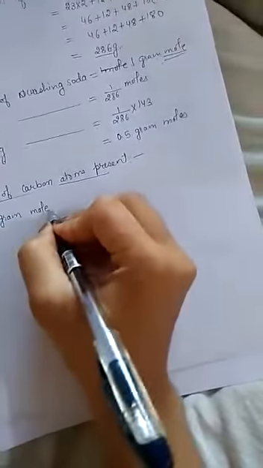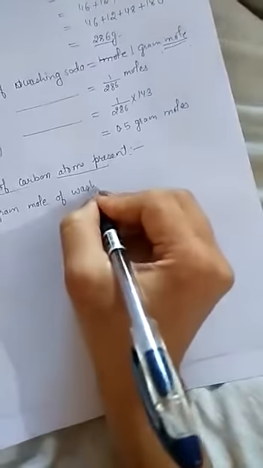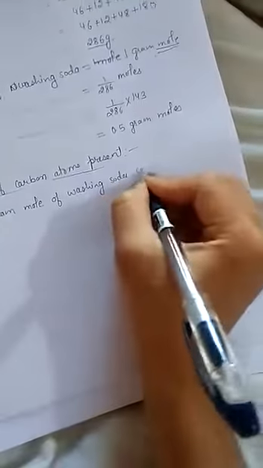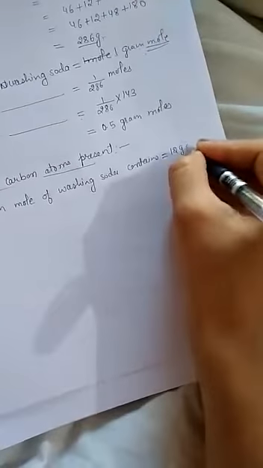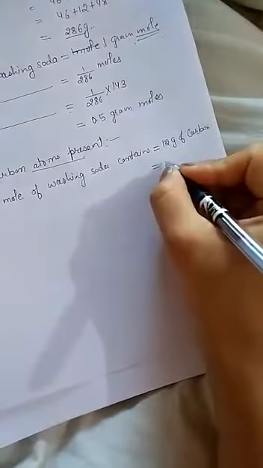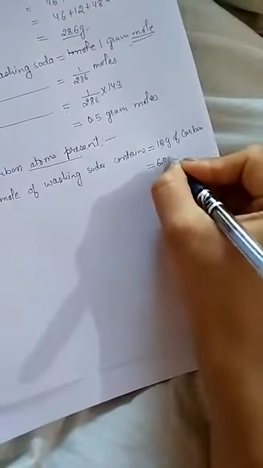So we can write 1 gram mole of washing soda contains 12 gram of carbon, and 12 gram of carbon is equal to Avogadro number, that is 6.022 into 10 raised to power 23 carbon atoms.